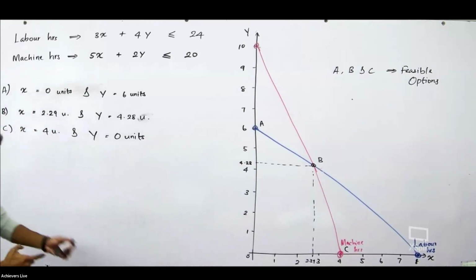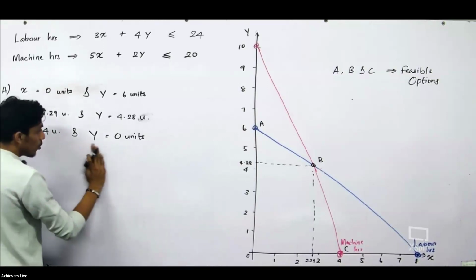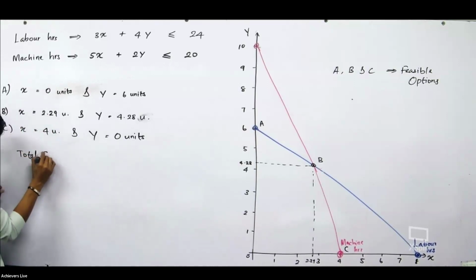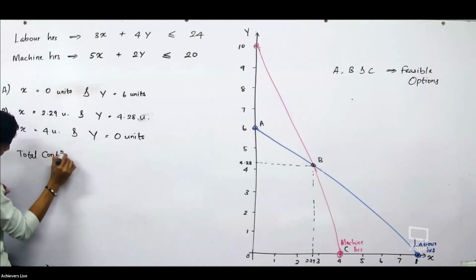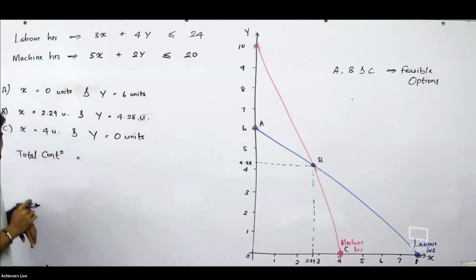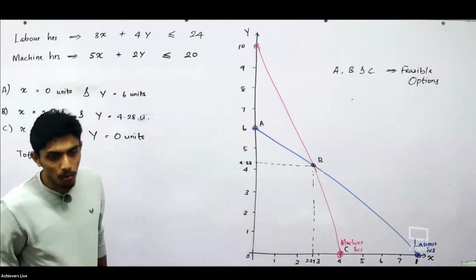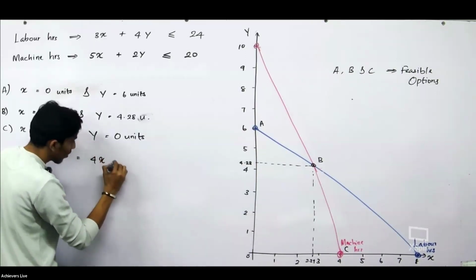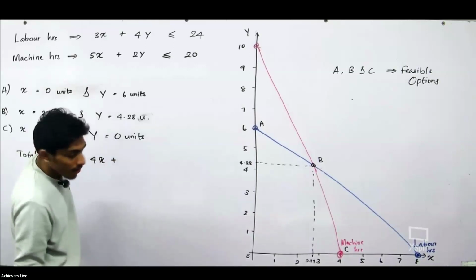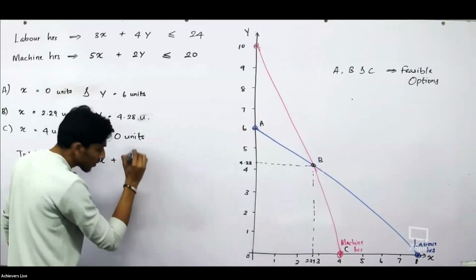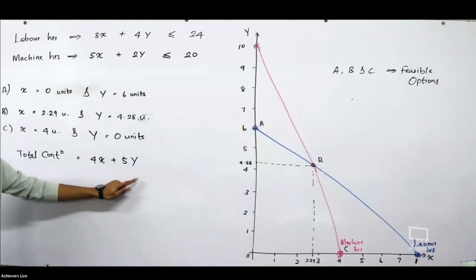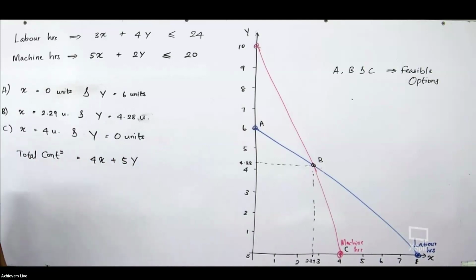So your total contribution will be equal to, from 1 unit of X, 4. So 4X, from 1 unit of Y, 5Y, correct? Total contribution will be equal to 4X plus 5Y. So this is your contribution formula, right?